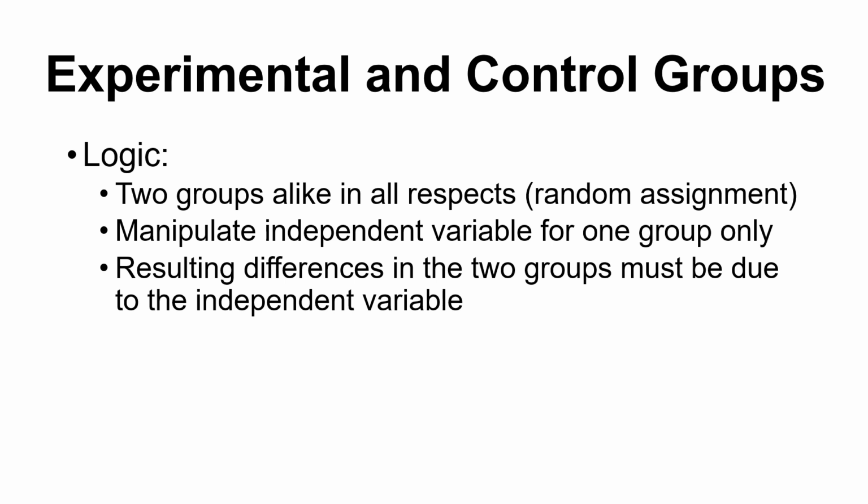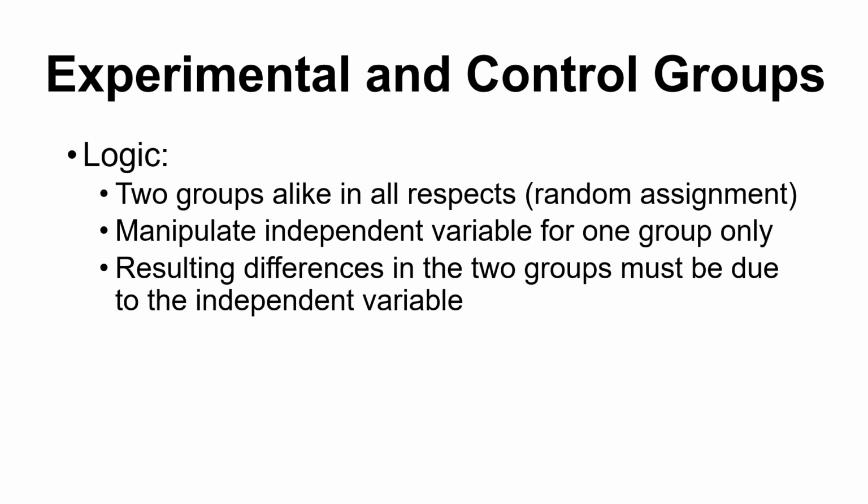By manipulating that independent variable in only one group, only the experimental group, we're then seeing how changing that one factor can lead to a change in the thing we're measuring. Because we haven't changed anything in the control group, any difference between the two groups should logically have been due to that manipulation of the independent variable.